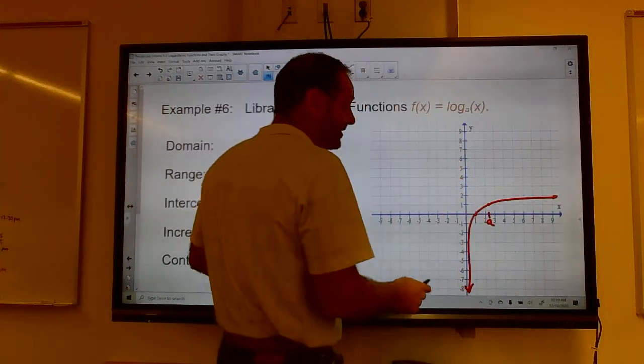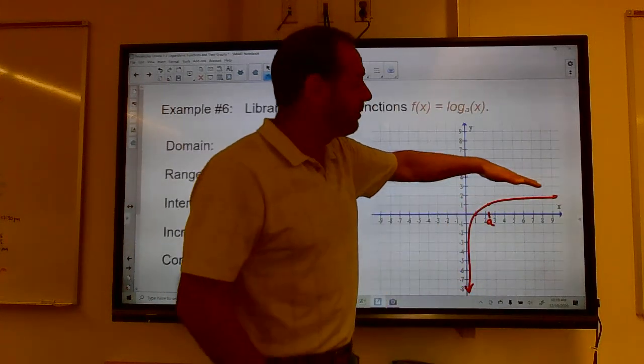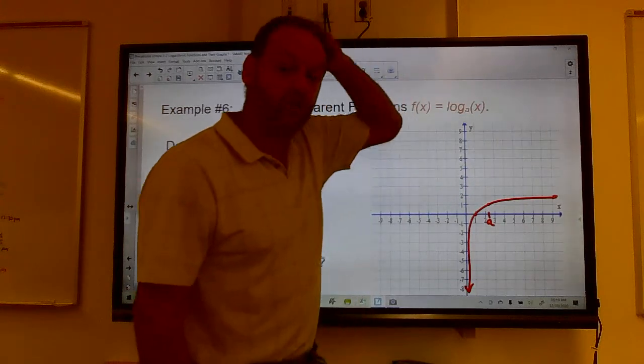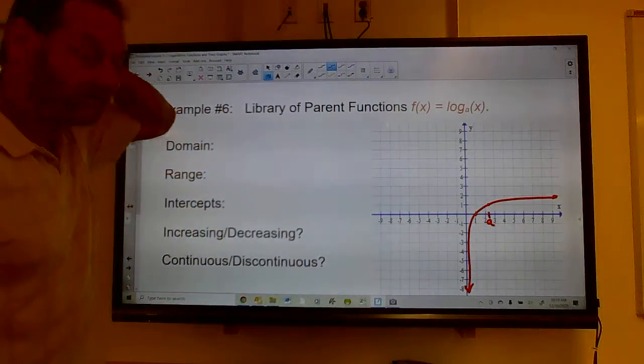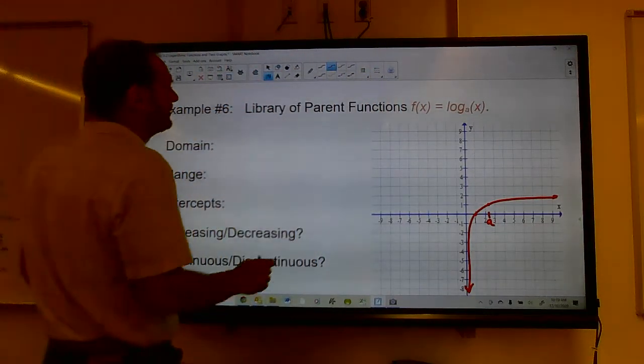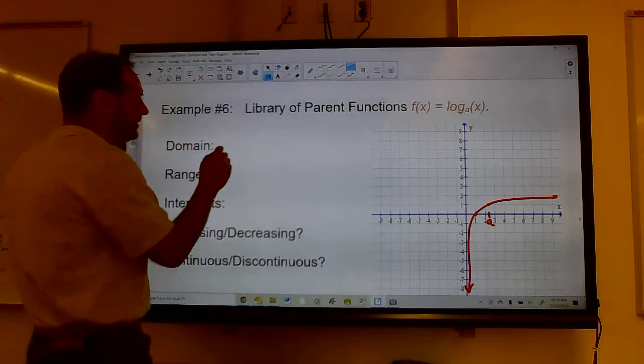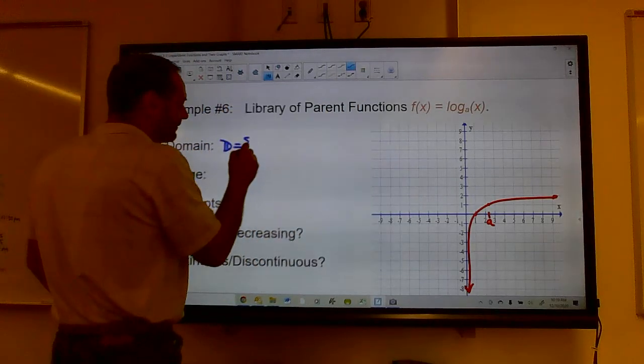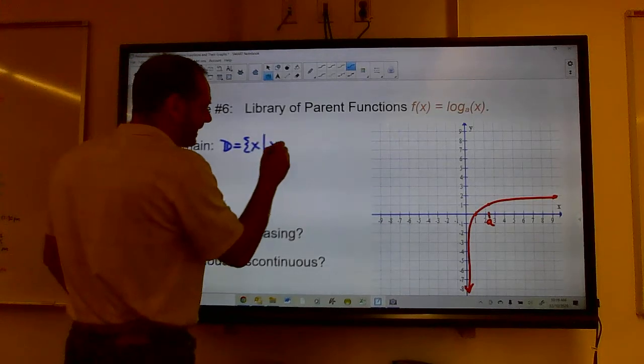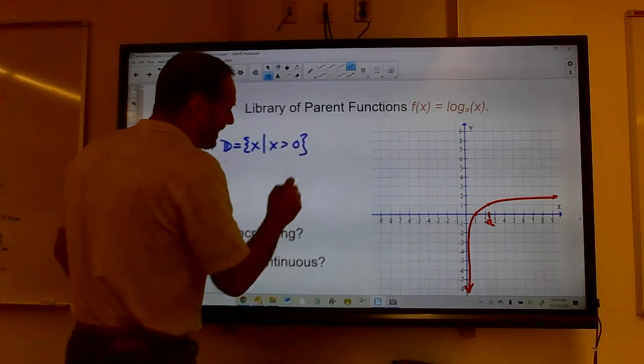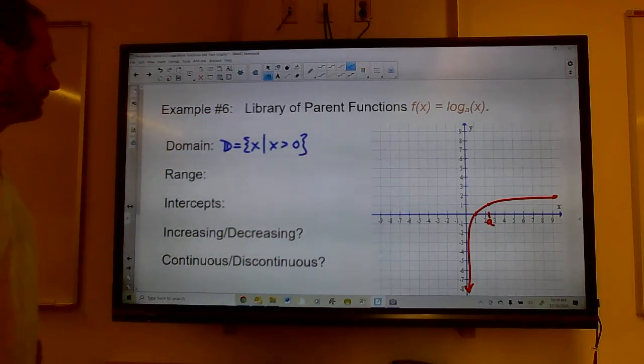Okay. And this gets as big as you want. There's no horizontal asymptote here. It just takes a long time to get there. So what's the domain on this? Well, the domain is going to be all the real numbers where x is greater than 0. It cannot be 0 and it cannot be negative.